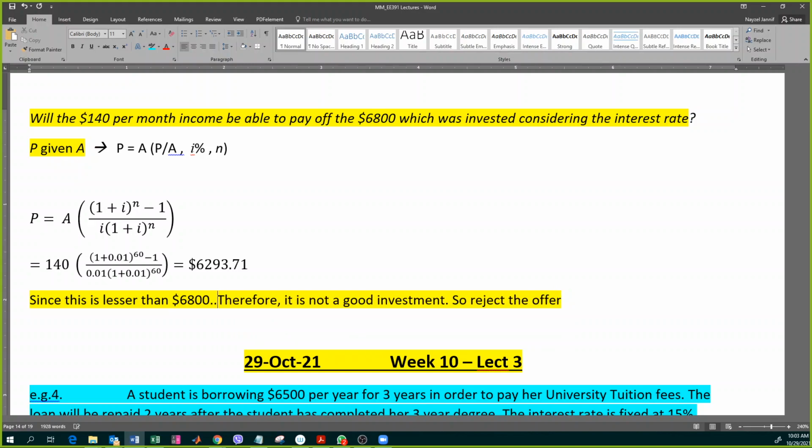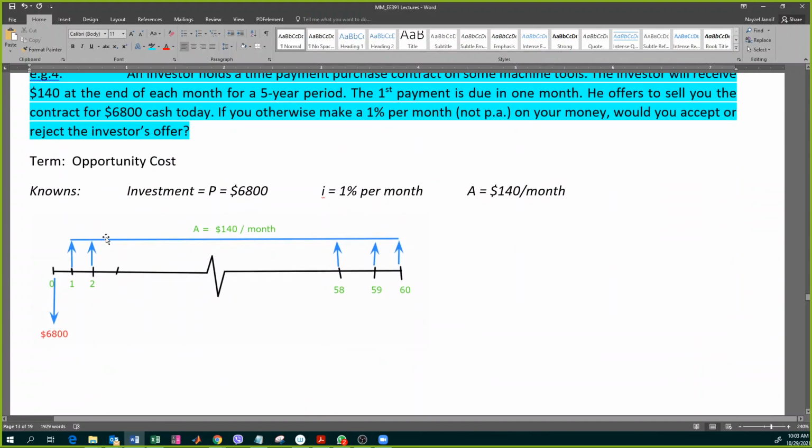We now know that this is not a good investment. You pay 6,800 to get this business going, where your tools will be lent out and you receive $140 per month.